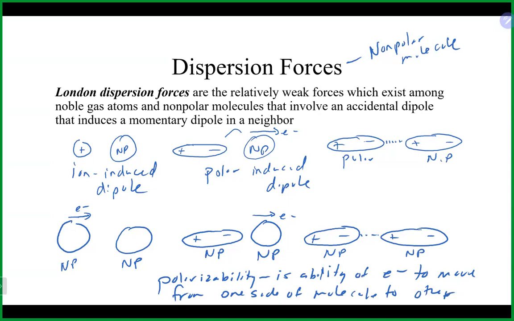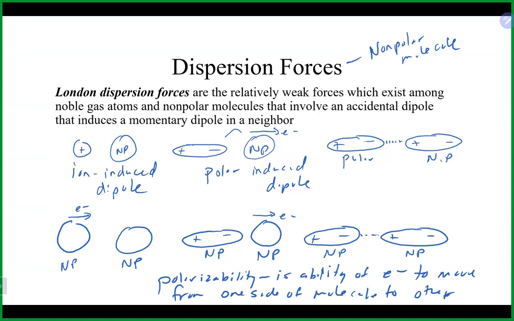As soon as those electrons go back the other way, that interaction is going to break apart, and a new interaction is going to happen. So you get this back and forth, and it's why these types of interactions are really temporary and very, very weak.